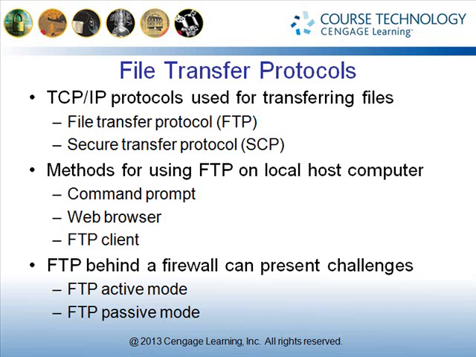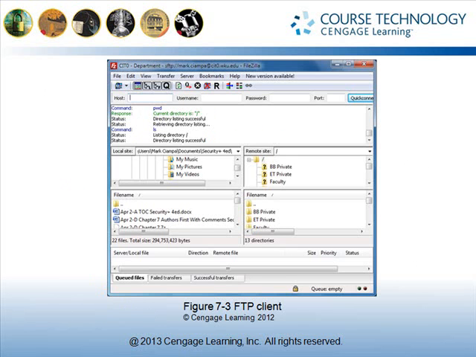In passive mode, the client initiates a data channel connection, but instead of using a specific command called PORT, the client sends a PASV command on the command channel, and the server then responds with the TCP port number that tells the client which port to use for that data channel. And it's usually anywhere from port 1025 to port 5000. Here's an example of an FTP client.